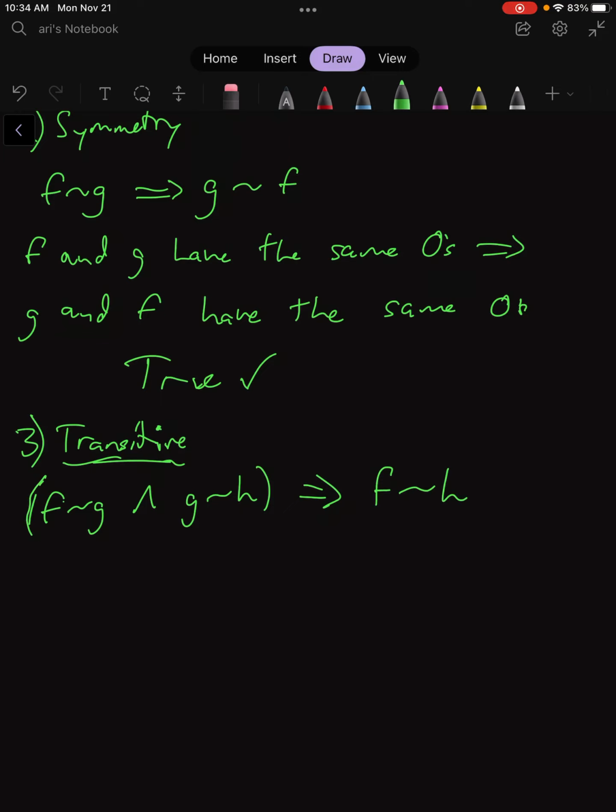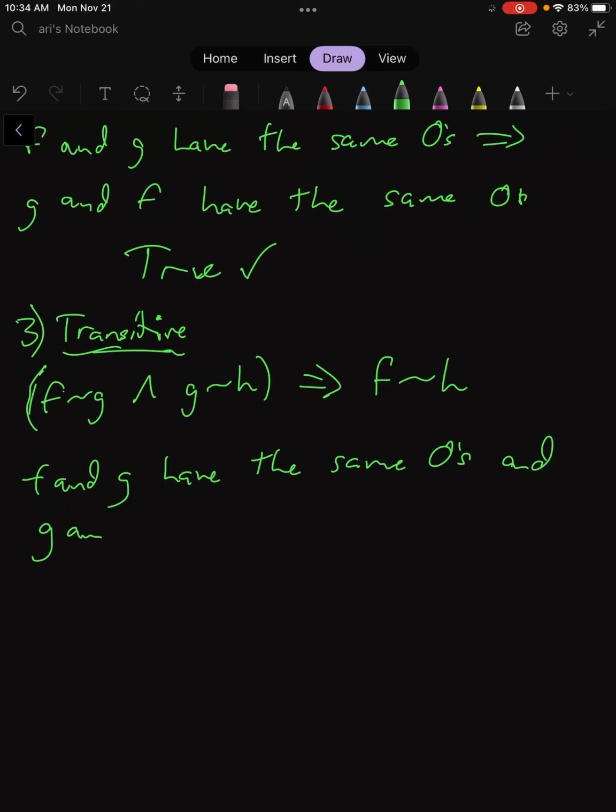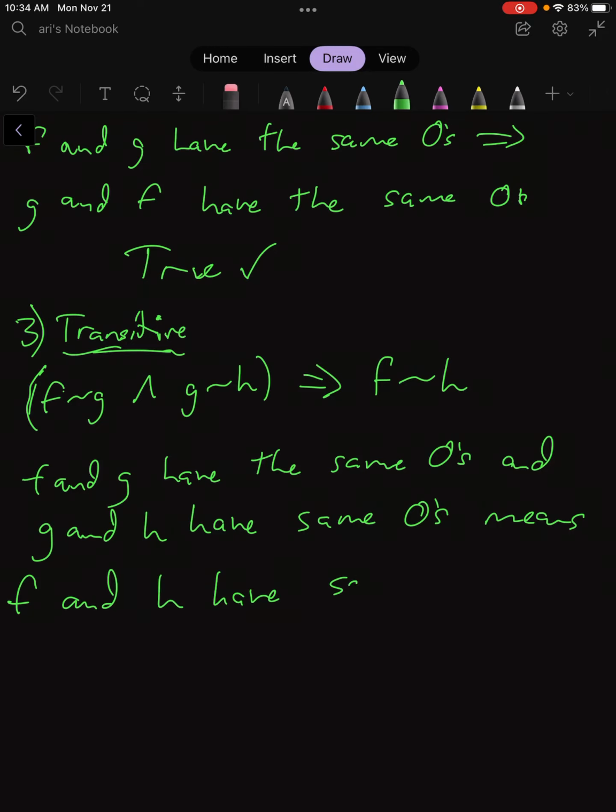That's what the transitive property says, and we have to show that that's true. So f tilde g means f and g have the same zeros, and g and h have same zeros means f and h have the same zeros.